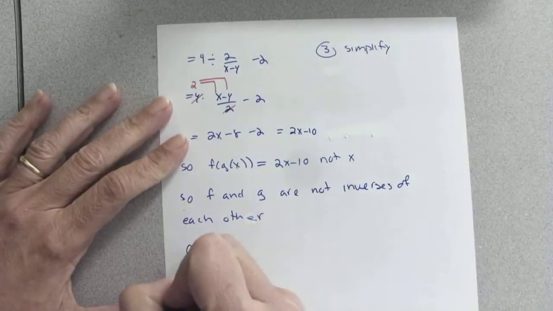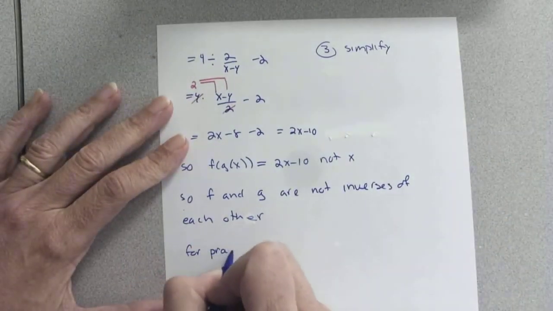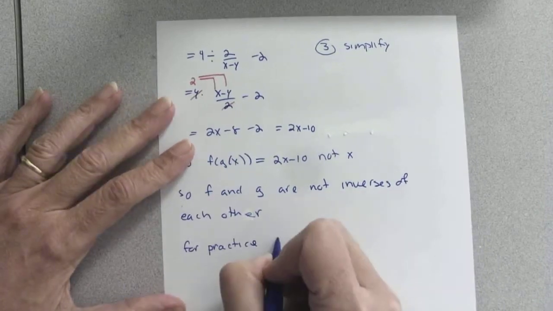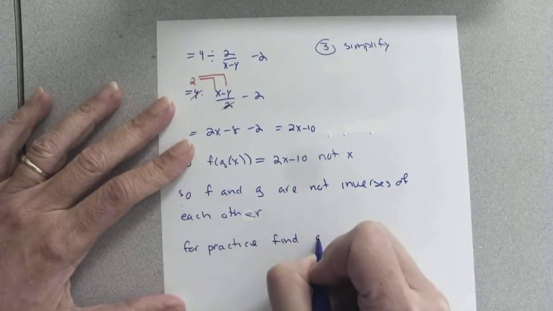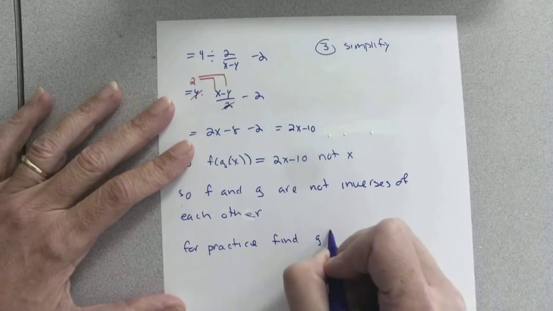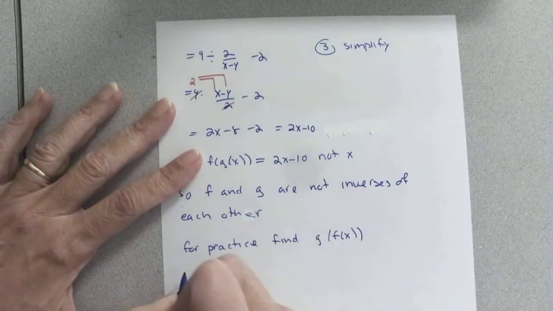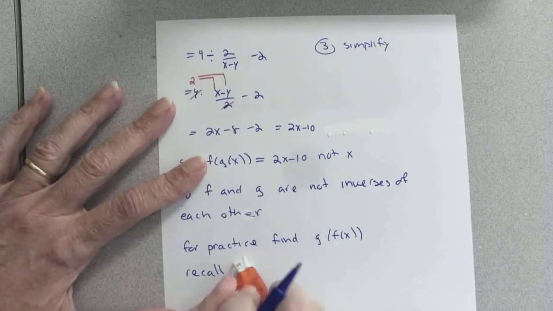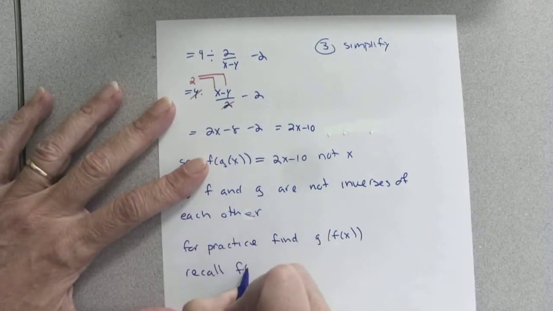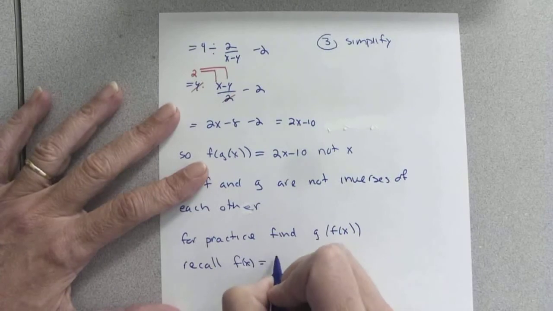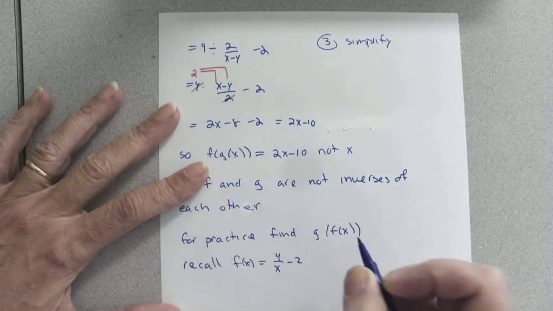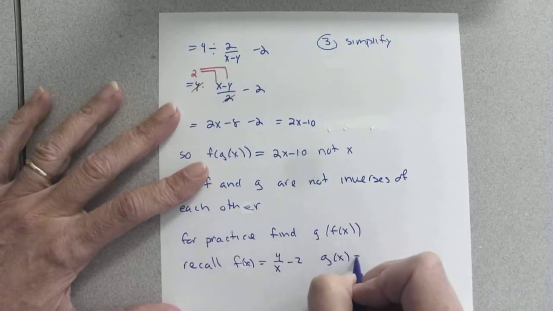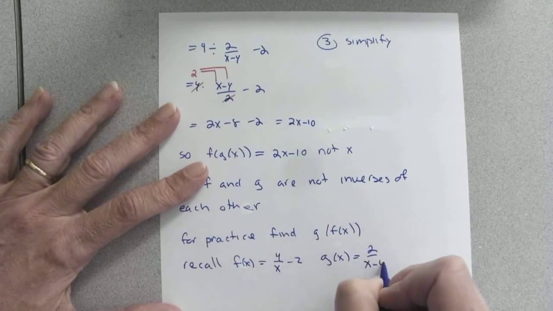Now, just for the practice, let's find g of f of x. And let's recall that f of x equals 4 over x minus 2, and g of x equals 2 over x minus 4.